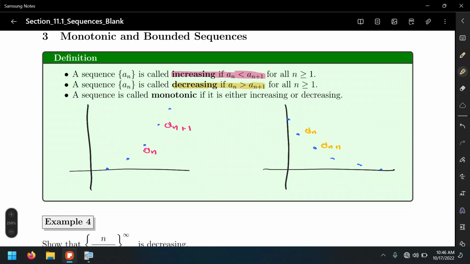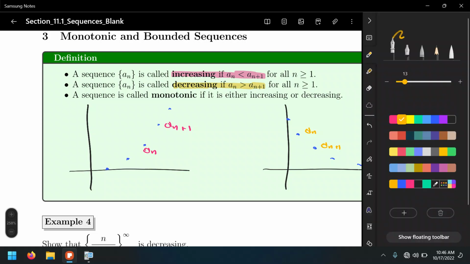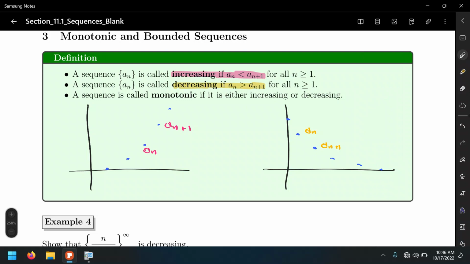So this is what we call a monotonic sequence, by the way: a sequence that only increases or a sequence that only decreases. Because we may have a sequence like this, something like the sine function, if you will.